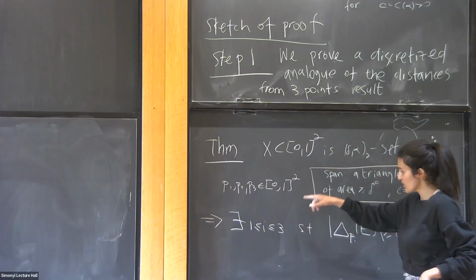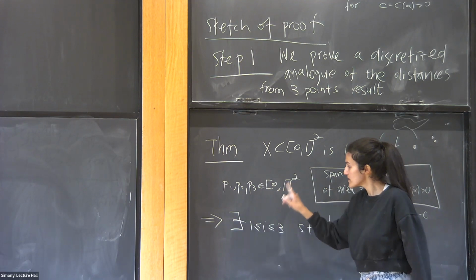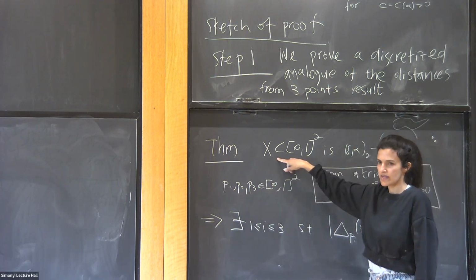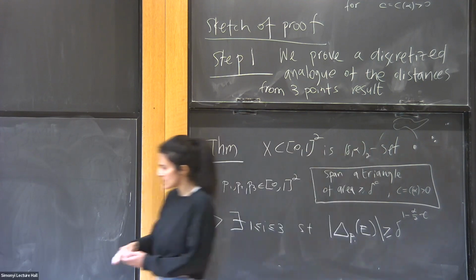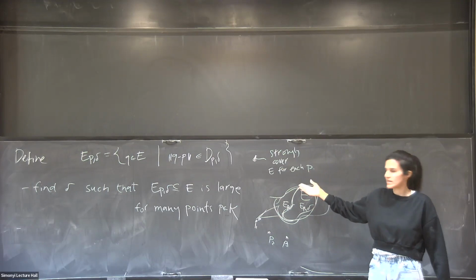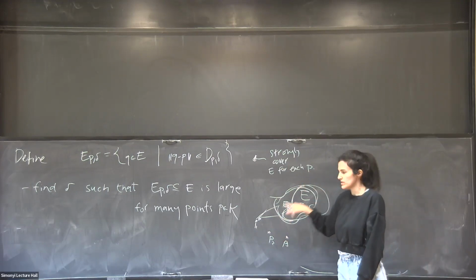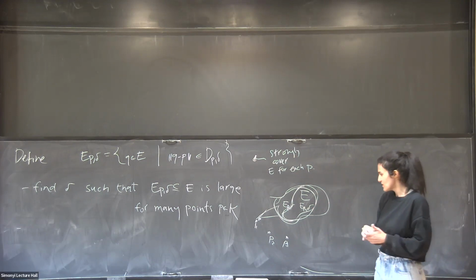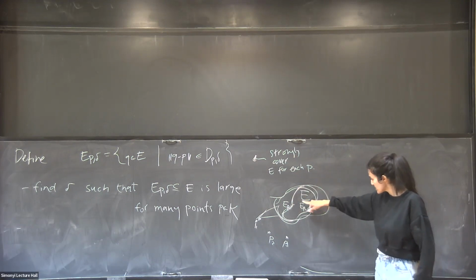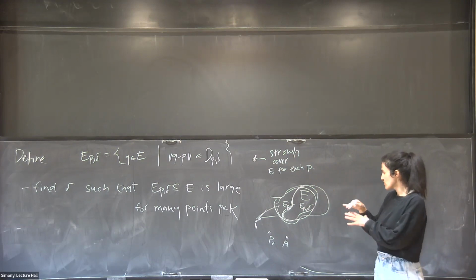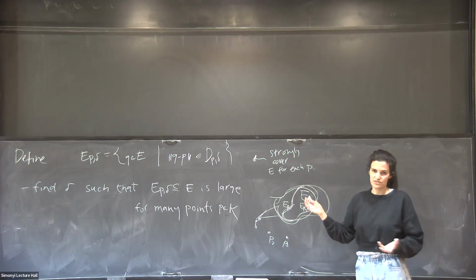And in this theorem, we have triples of points, and we look at distances between these points and a set X, right? So one problem here is that we look at distances between P1 and EP1 delta, and distances between P2 and EP2 delta, but we want it to be the same set, otherwise, of course, the statement is false, right? So the fact that these sets EP delta are large allows us to show that actually there is a large intersection of triples.